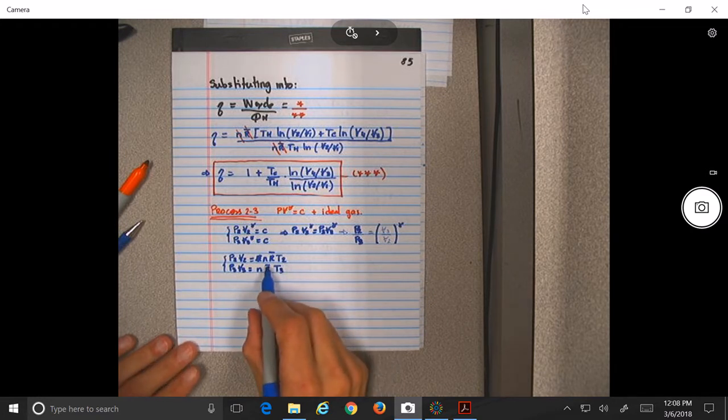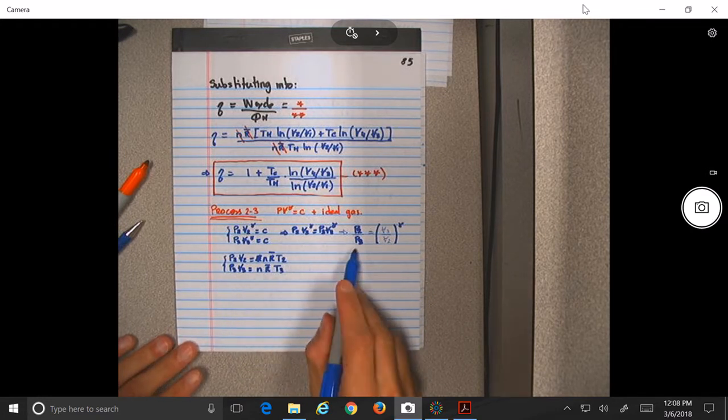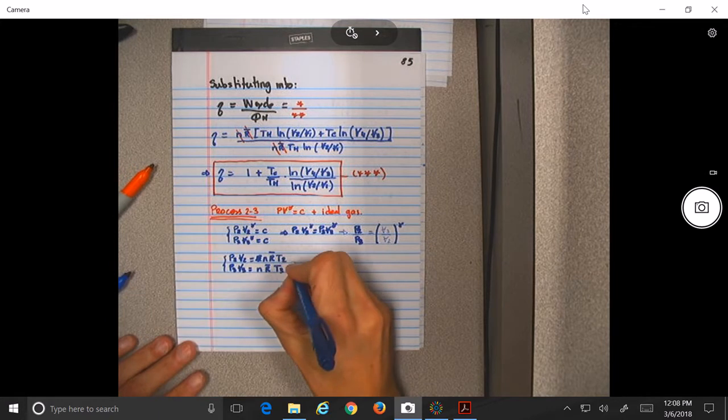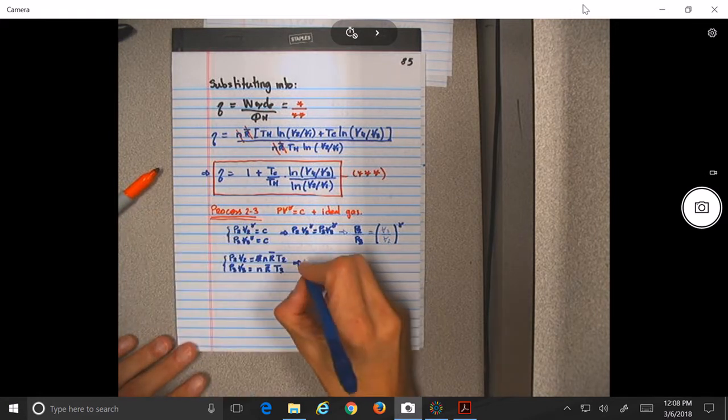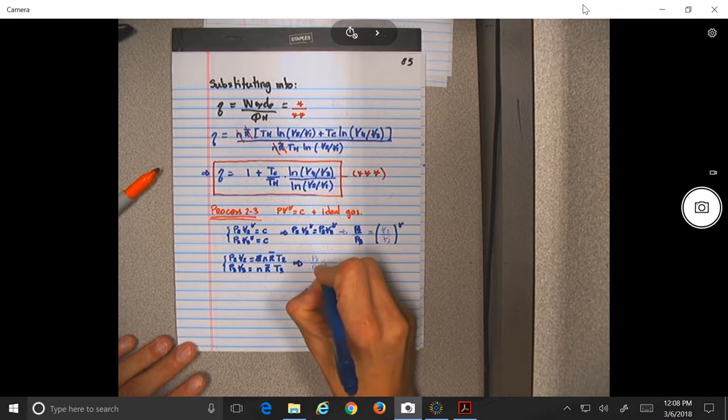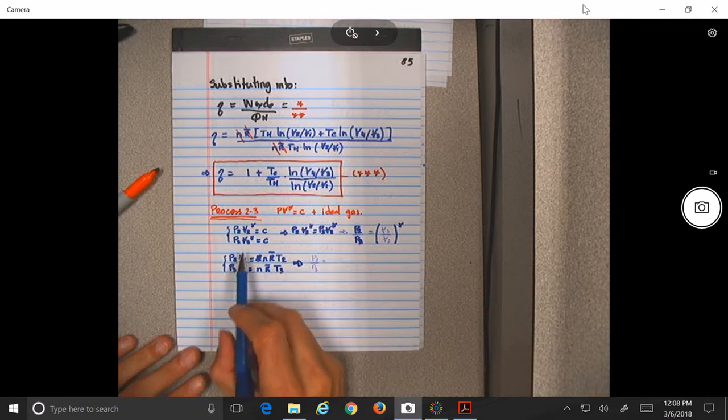So using this relation, since we have P2 over P3, if I work with this equation here, what are we going to have? We can write P2 over P3, so I'm just dividing this one by this one.